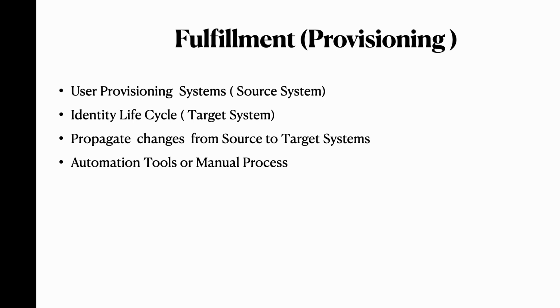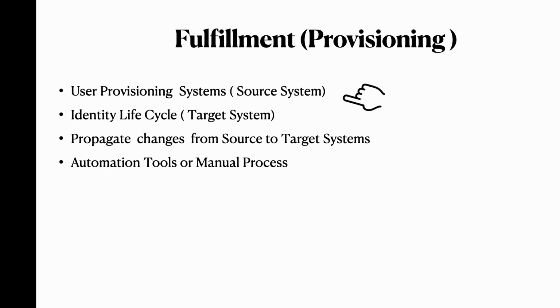The next feature in this framework is provisioning or fulfillment. For example, let us think about a scenario where a person is onboarded into an organization. The details of that person are captured into some kind of system. It could be a custom system developed by the organization or some other third-party product.